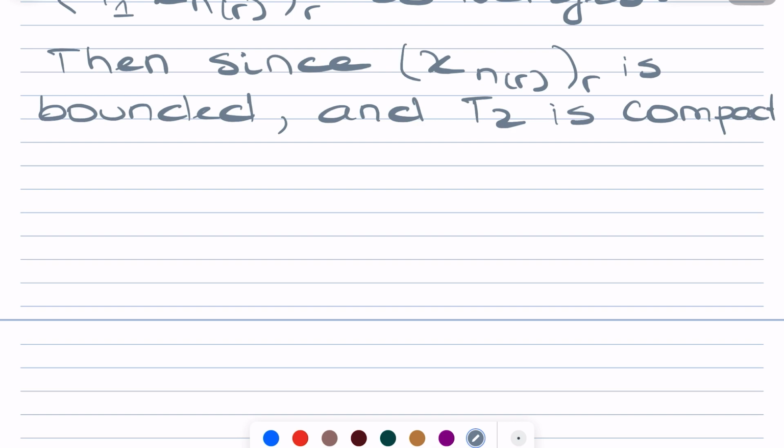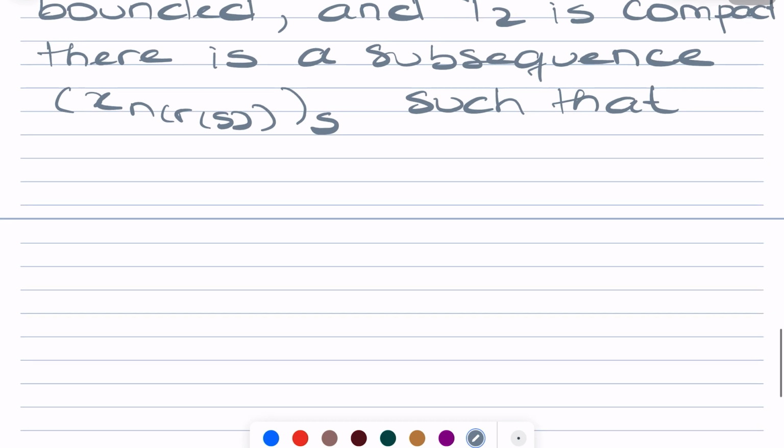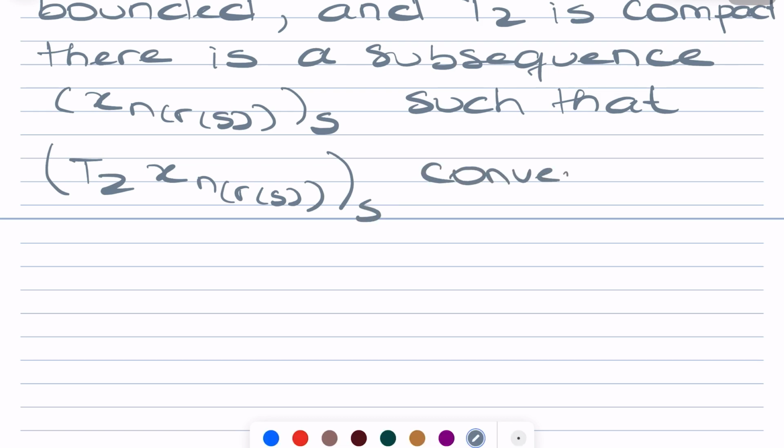We can further extract another subsequence, x_{n_{r_s}}, of the sequence x_{n_r}, such that T2 of x_{n_{r_s}} converges.